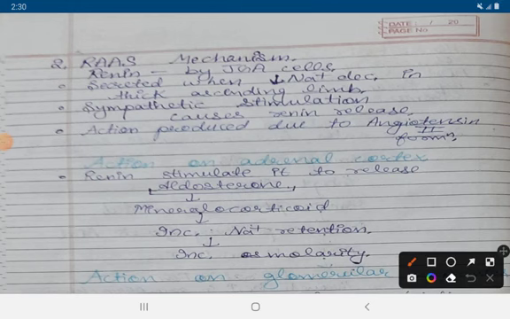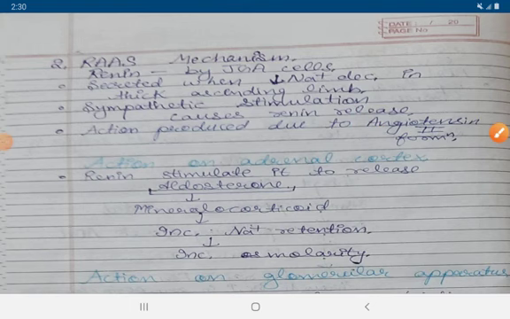It is secreted when there is decrease in sodium ion concentration in the thick ascending limb, and sympathetic stimulation causes renin release, and most of the actions are produced due to formation of angiotensin 2.